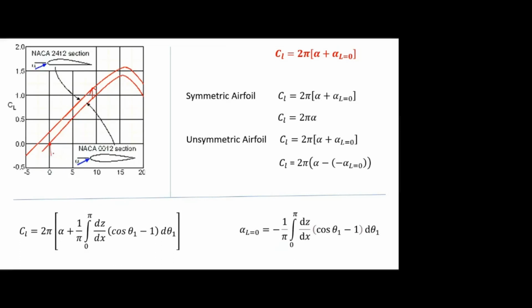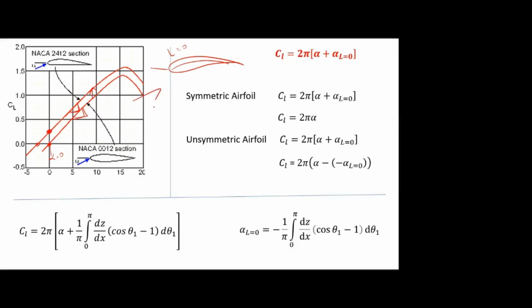You see, at 0 degree angle of attack, lift also 0. But unsymmetrical aerofoil, due to the camber, even at 0 degree also it will produce some lift. And this will produce 0 lift only at some negative angle. So both aerofoils, the slope is almost equal theoretically, and the unsymmetrical aerofoil curve is little bit shifted above.